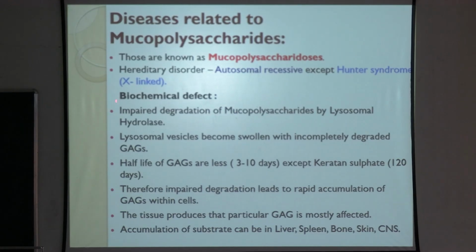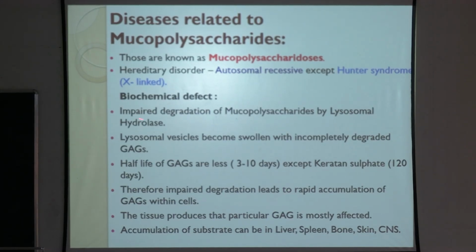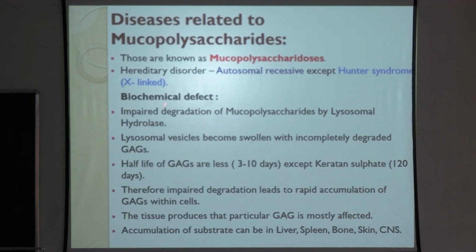Biochemical defects in mucopolysaccharides, what happens? The degradation of mucopolysaccharides by lysosomal hydrolase is impaired. So if the enzyme lysosomal hydrolase is impaired or absent, this leads to impaired degradation of mucopolysaccharides and storage of abnormal mucopolysaccharides in our body.